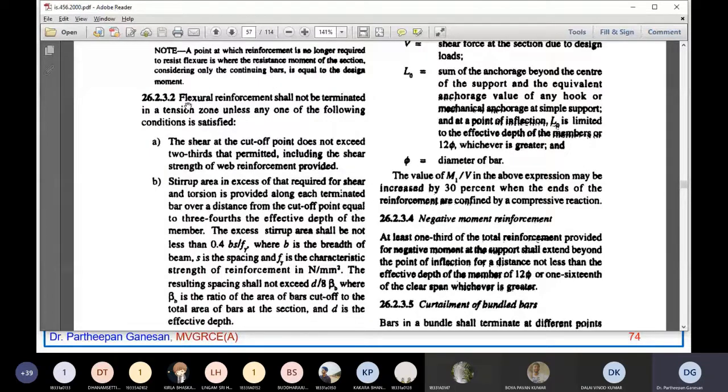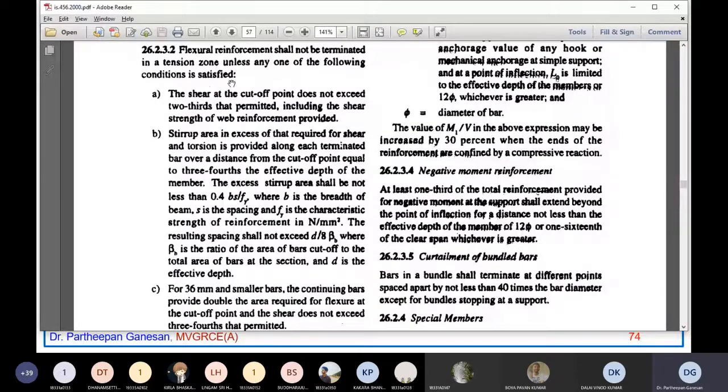The flexural reinforcement, flexural reinforcement means tension reinforcement. Flexural reinforcement shall not be terminated in a tension zone. Terminated means curtailed or cut. Flexural reinforcement shall not be terminated in a tension zone unless any one of the following conditions is satisfied. There are three conditions given. Any one of the following conditions is satisfied. So I am going to satisfy this first only.